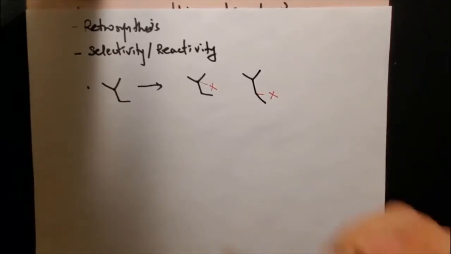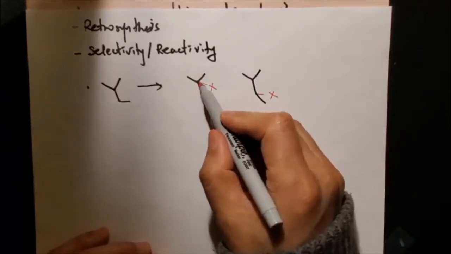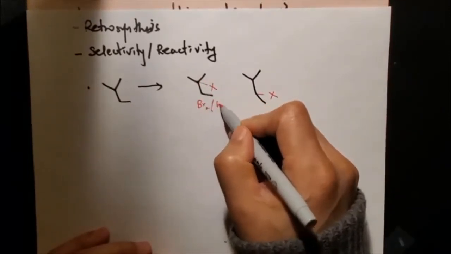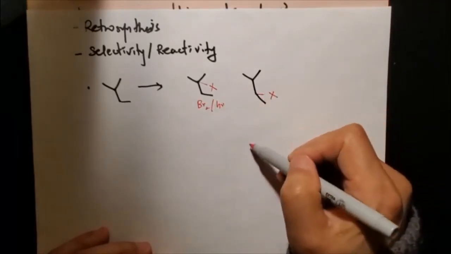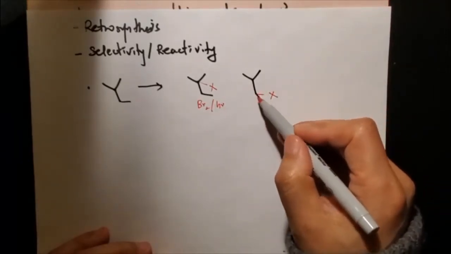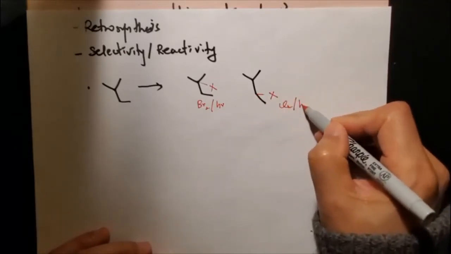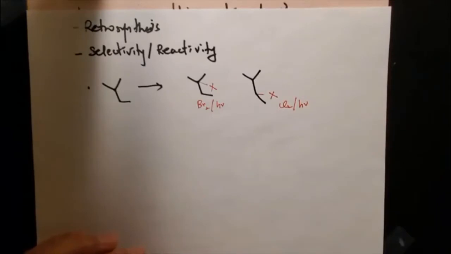So, to put the halogen on the most substituted carbon, you always need to try bromine, right? Bromine with heat or light. If you attempt to put it on the less substituted one, chlorine is useful, but you have to really calculate.